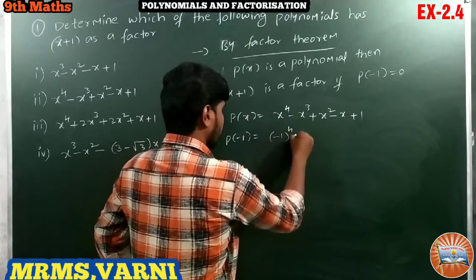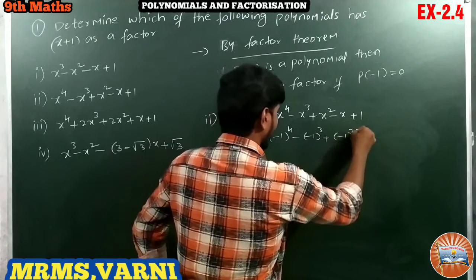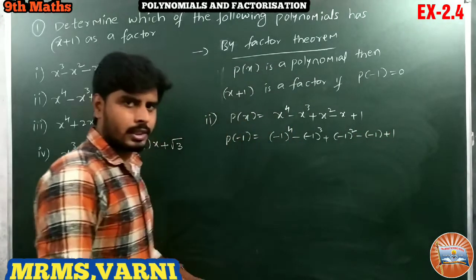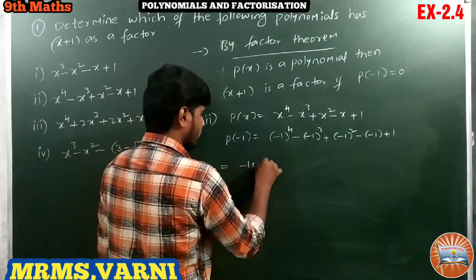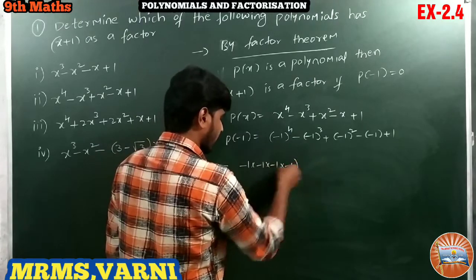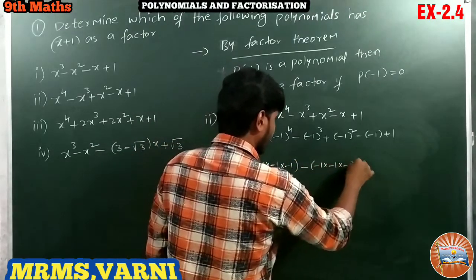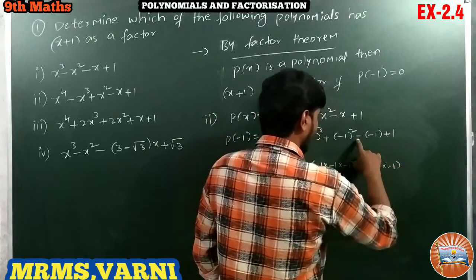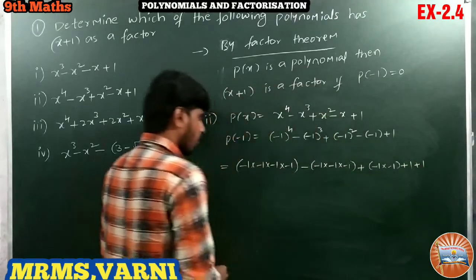Minus 1 power 4 minus of minus 1 cube plus minus 1 square minus of minus 1 plus 1. Isn't it? Right. So this becomes minus 1 into minus 1 into minus 1 into minus 1, and this one minus 1 into minus 1 into minus 1, plus minus 1 into minus 1, minus into minus plus 1. So minus into minus is plus, plus into minus is minus.